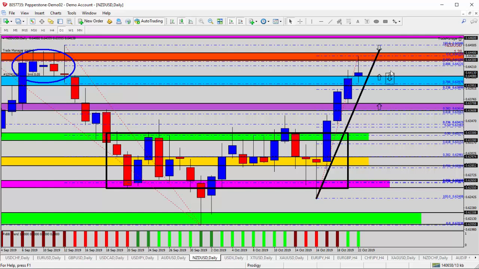So again, it doesn't change our outlook. We just know that either we're going to find resistance at the orange zone, or eventually it's going to break above it and continue the trend, or it's going to find support at the blue zone, or break underneath it and reverse the trend to go back down. So interesting information there with Fibonacci, the colored shaded areas.